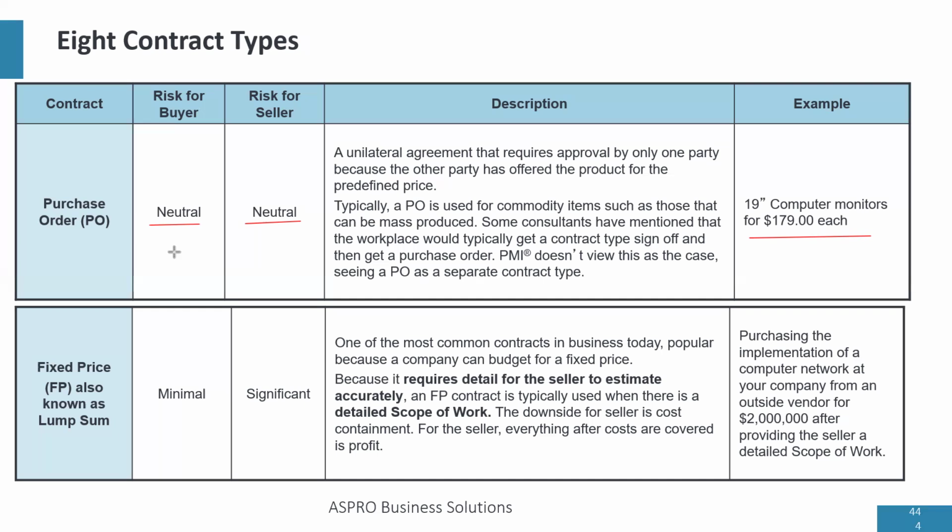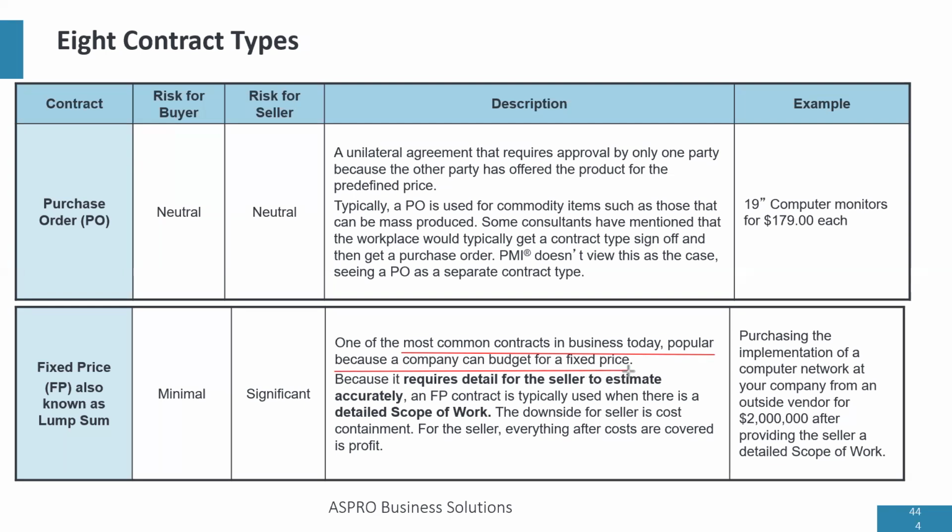Now, let's go to fixed price contracts. Fixed price contracts are also known as lump sum contracts. And it is one of the most common contracts used in business today. And it is popular because a company can fix the price of their contract ahead.